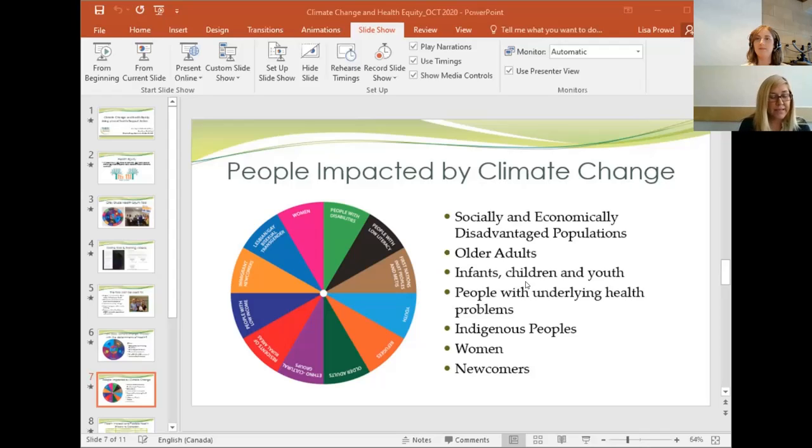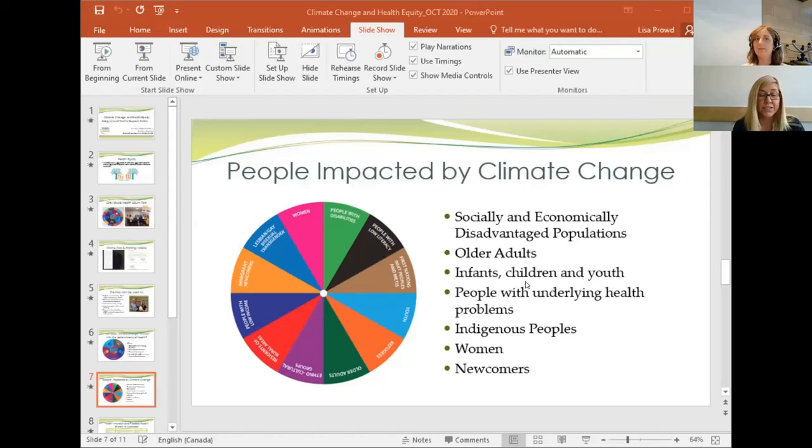Children is another population group who may be more exposed to environmental hazards, as they tend to spend more time outdoors and their immune systems are not fully developed. Young people who witness gradual but noticeable changes to their environment may experience fears, worry, stress, anxiety, and frustration about climate change.